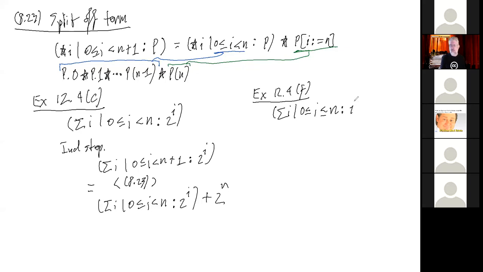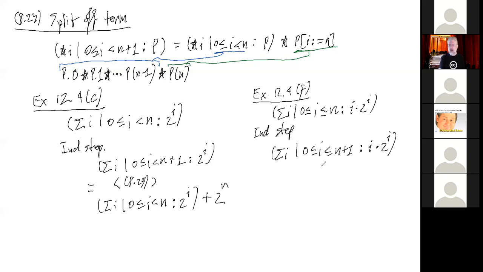I times 2 to the I. And so in the induction step, when we add 1 to n, we're going to get the sum over I, 0 at most I at most n plus 1, I times 2 to the I. Now here, this does not match 8.23a anymore, because 8.23a has a less than here, and we've got a less than or equal to.